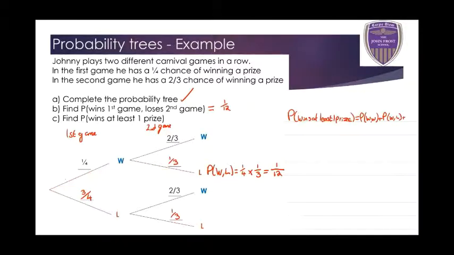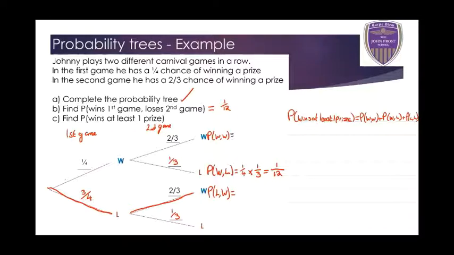And he could also lose the first one, but then win the second one, so PLW. Okay, so there's 3 different outcomes here where he wins at least one prize, okay? So now we need to find the probability of those outcomes, okay? So we're looking to find the probability of win-win and the probability of lose-win.